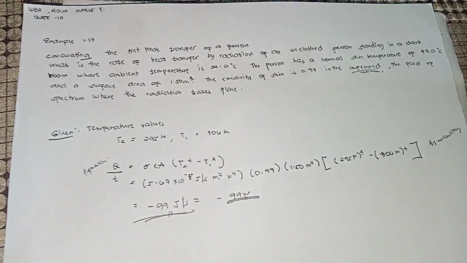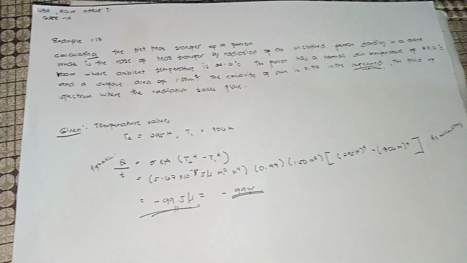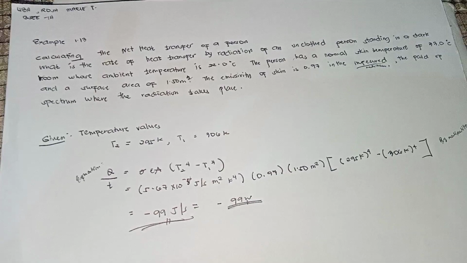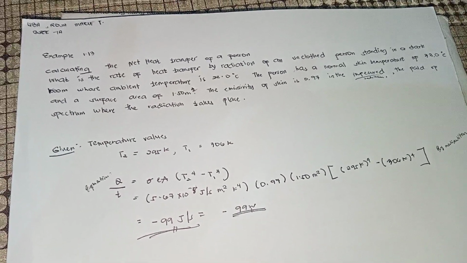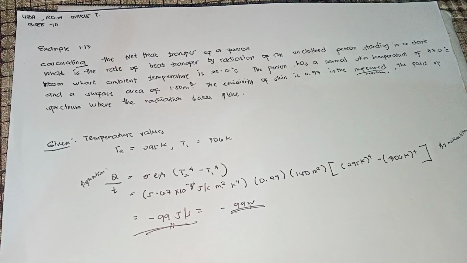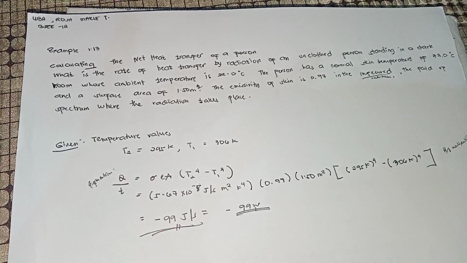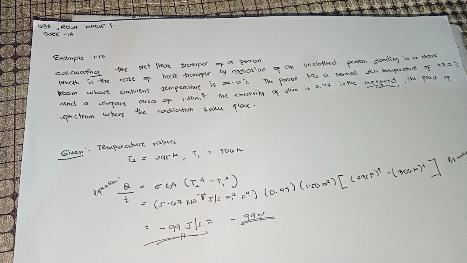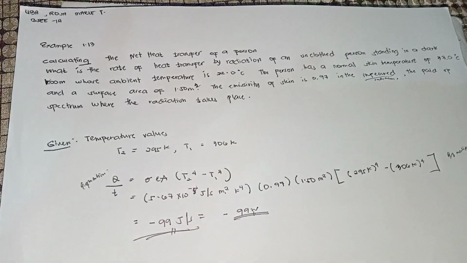So, let's proceed to example 1.13, calculating the net heat transfer of a person. What is the rate of heat transfer by radiation of an unclothed person standing in a dark room? The ambient temperature is 22.0 degrees Celsius.